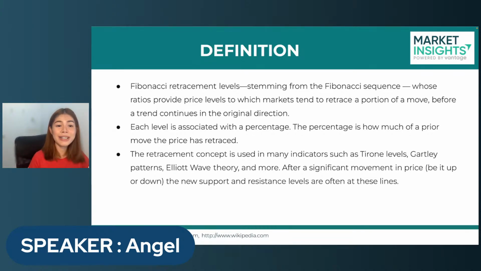From the word retracement, these are the levels at which the price retraces before it goes to its original direction. These are the price levels that the price tends to reach first before going upward or downward, depending on the direction of the market for that time frame.